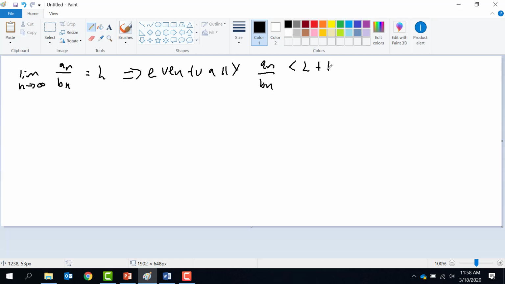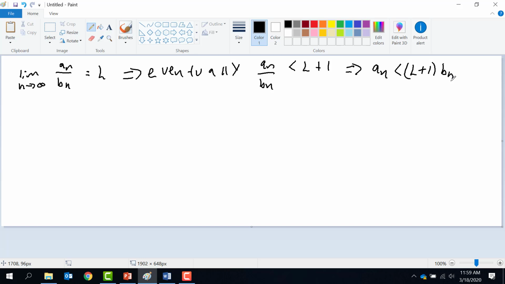You can go out far enough so that the ratio a sub n divided by b sub n is less than L plus 1. And then if we multiply both sides of this inequality by b sub n, we get that a sub n will be less than this constant L plus 1 times b sub n.